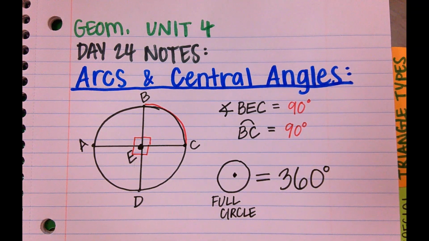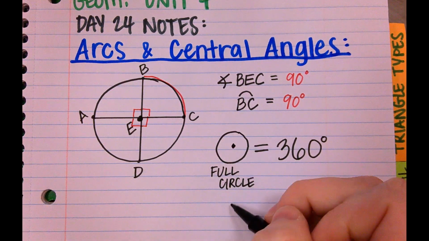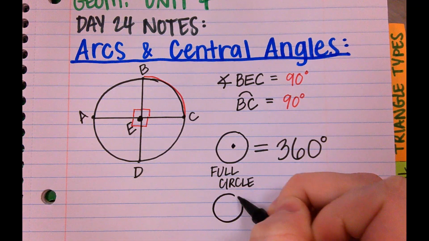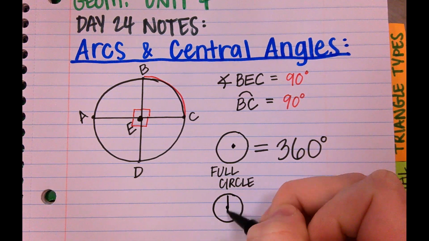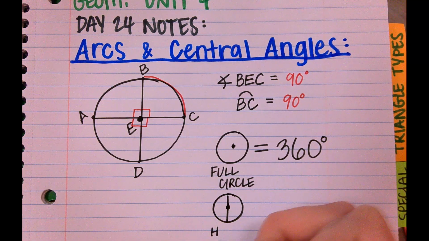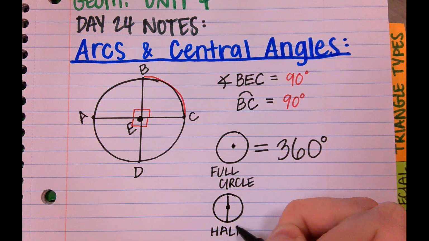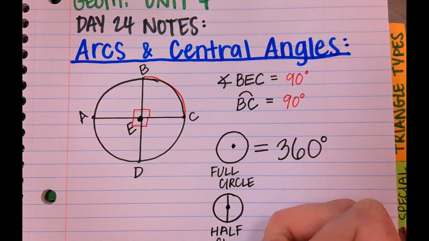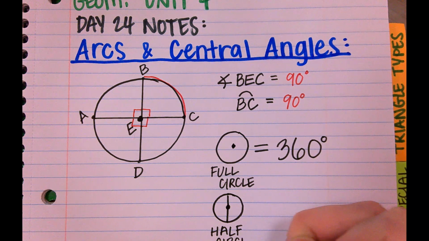Very important to know. It may also be good to remind yourself that a half circle is half of 360, which is how many degrees? 180.